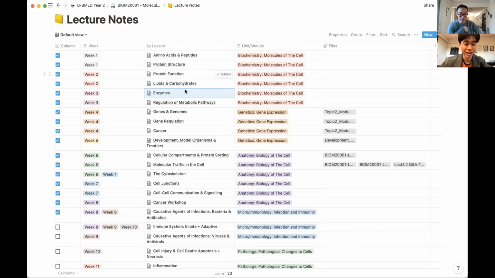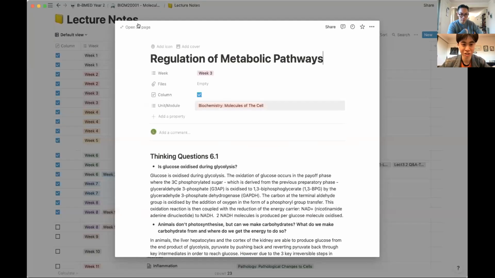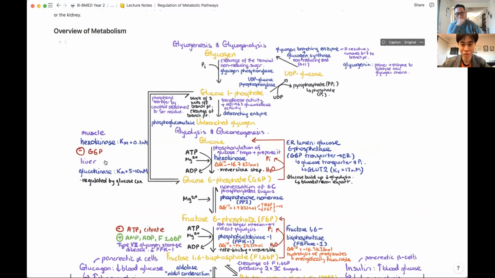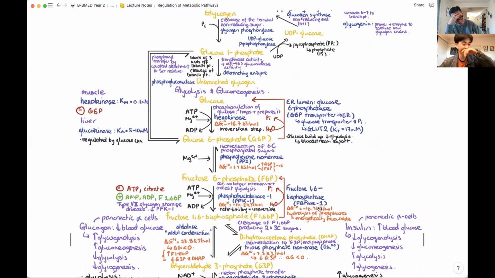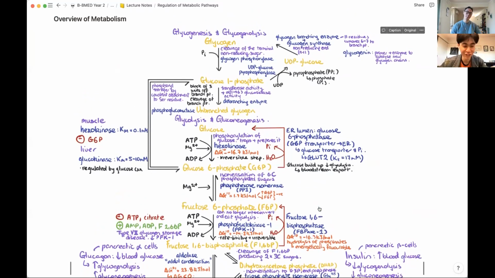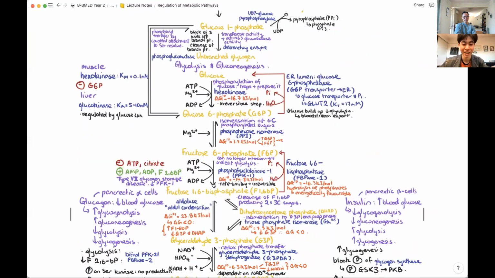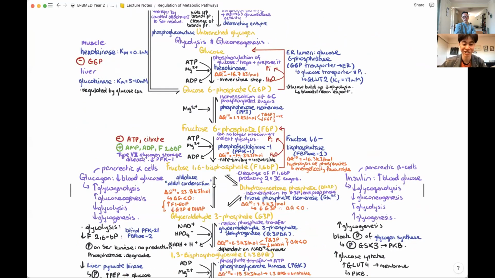Okay. So, for example, in terms of a summary, I'll just show you the metabolism part. It's pretty thick. This is what I wrote up on my iPad. Literally, I watched the lectures, and before I even did anything else, I just made a massive summary. You can tell it's crazy.